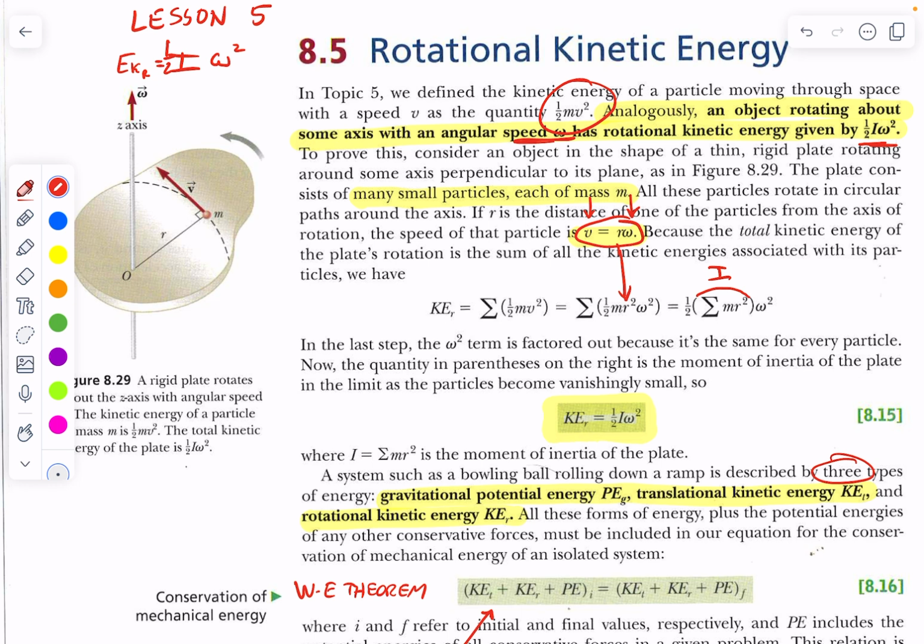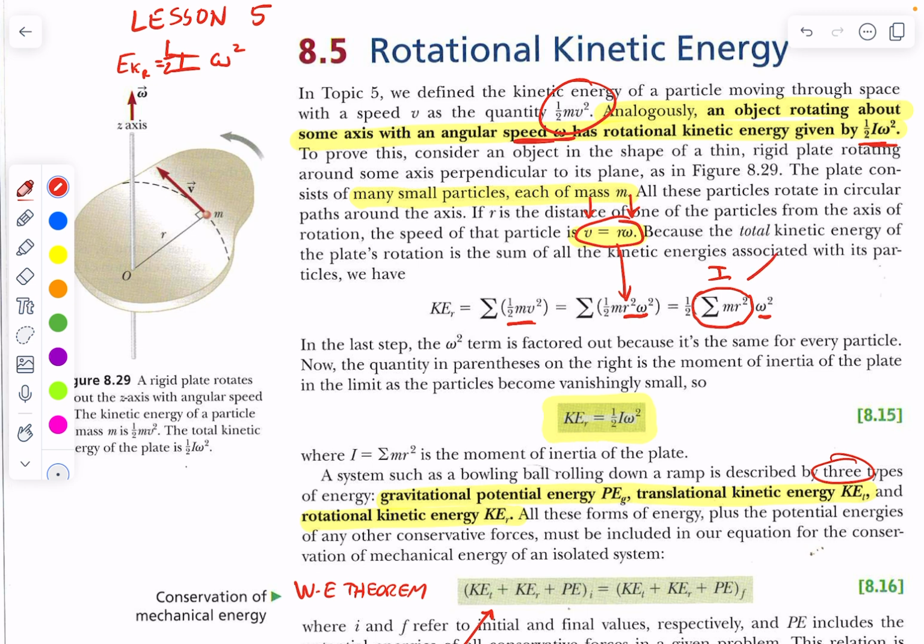And so when we take kinetic energy right here, and instead of v, we put in r omega, we get r squared omega squared. And then when we separate out the omega squared, this term right here in the red circle is what you know as the rotational inertia, the moment of inertia, as it's sometimes called.